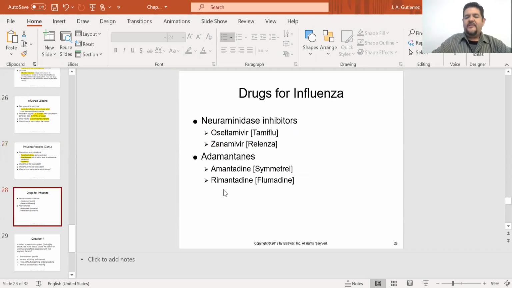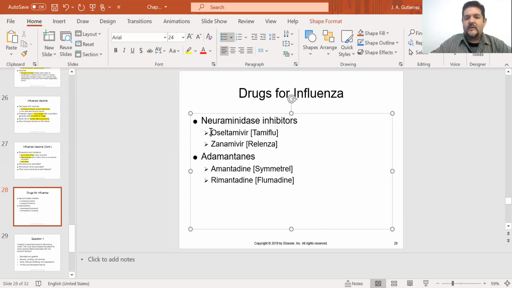Okay, now regarding medications for the flu, we mentioned there's two groups, neuraminidase inhibitors and adamantanes. Adamantanes, I know, tongue twisters. So the main one, oseltamivir, and as you can see in this family, they have the -amivir ending.